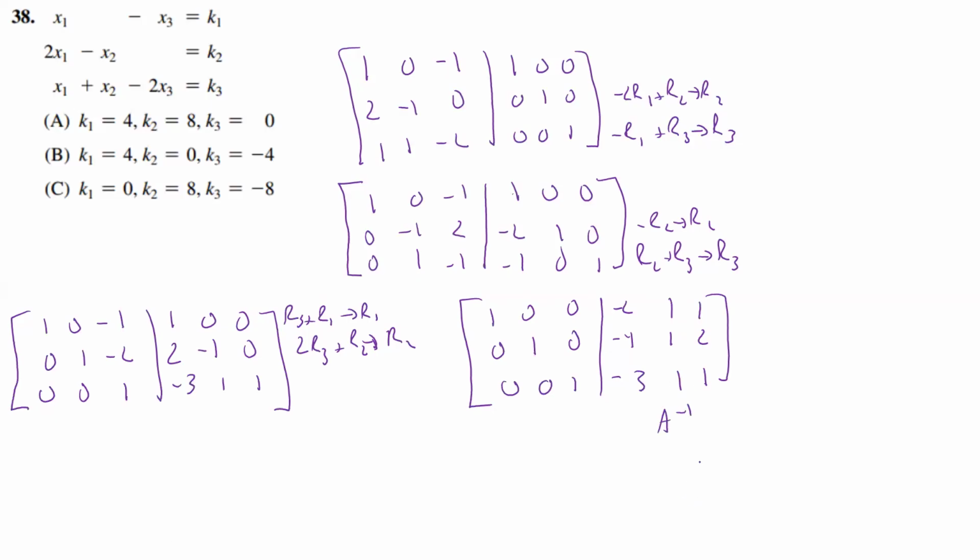Now we're going to have that A inverse times each one of these things up here. So we'll have it times this, we'll have it times this, and we'll have it times this. All right, so over here, A inverse again was a minus 2, 1, 1, minus 4, 1, 2, and a minus 3, 1, 1. And our first one was 4, 8, 0.